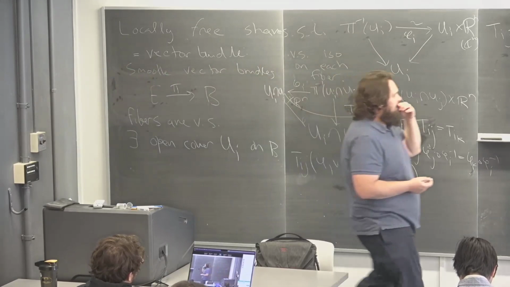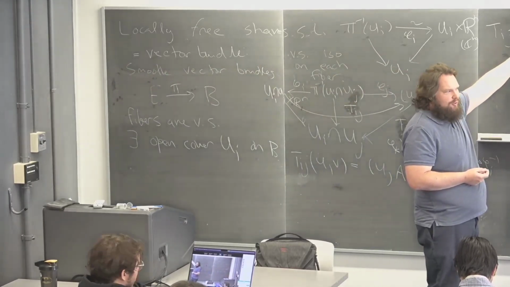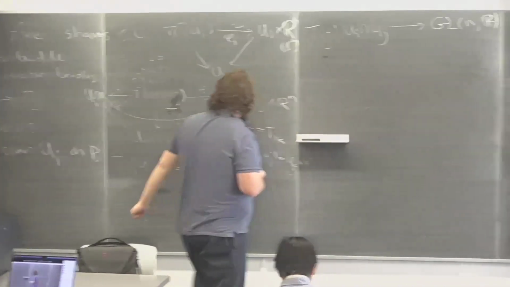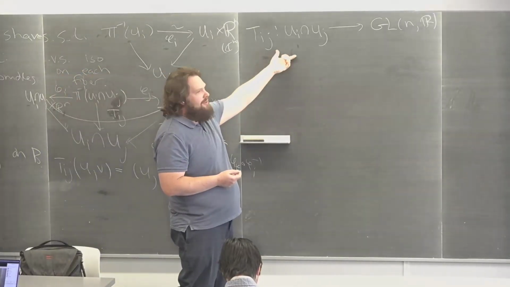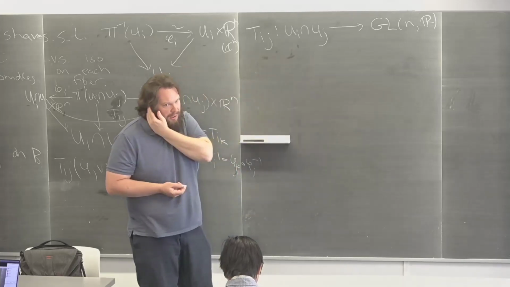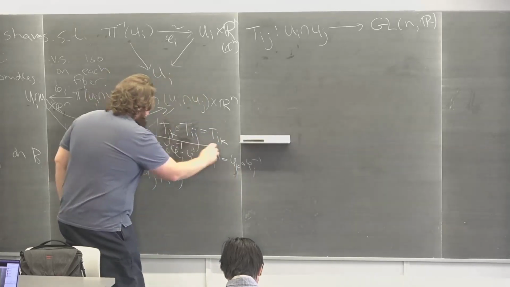But you're right that this map has to be well defined in the right category. Here, you can think about going the other way. You can think about starting with these maps and then producing a vector bundle by gluing, as long as I have this condition.